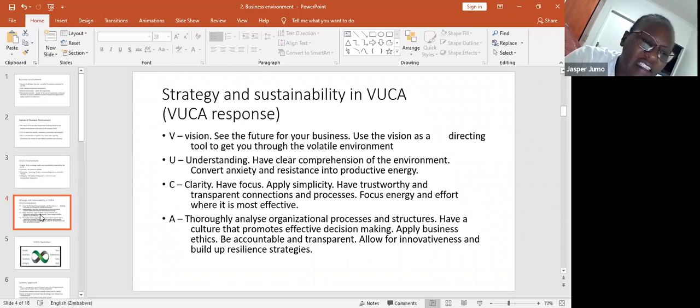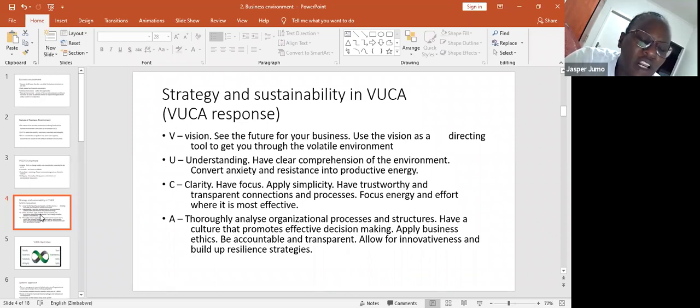But your vision is that in the future, you are going to have a full-blown bakery that will be supplying supermarkets, supplying even other bakeries with baked goods. So you have something that will guide you through the volatile environment.